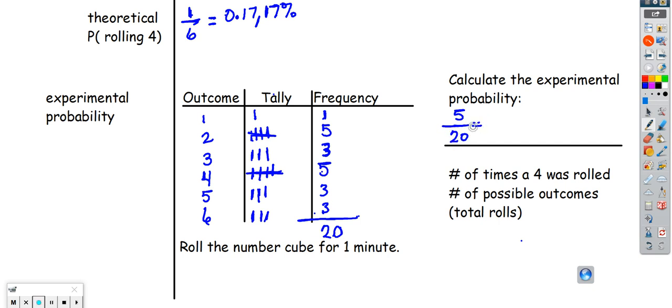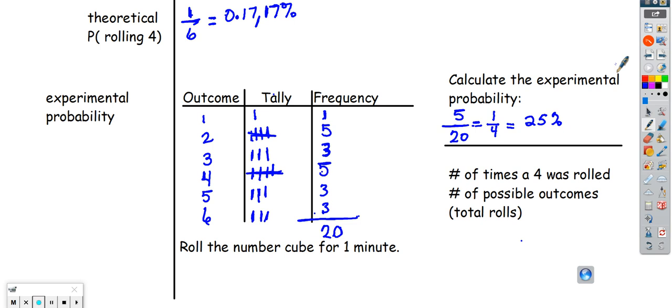Well, we know that is 1/4, and that is 25%. So experimentally, we rolled a 4 more times than mathematically was determined that we would. Remember, this is just mathematically what should happen. Experimental doesn't always match that.